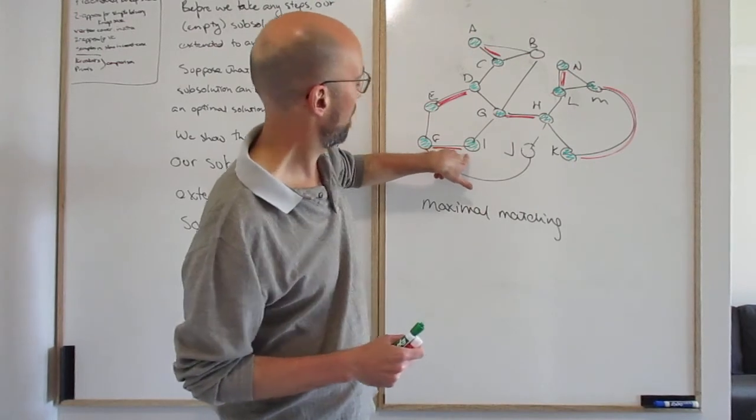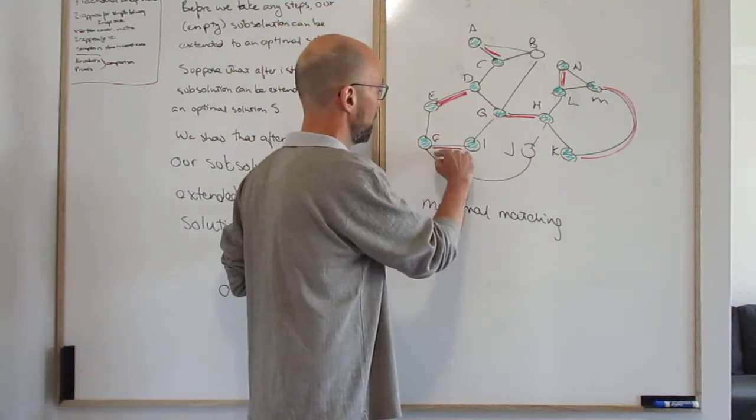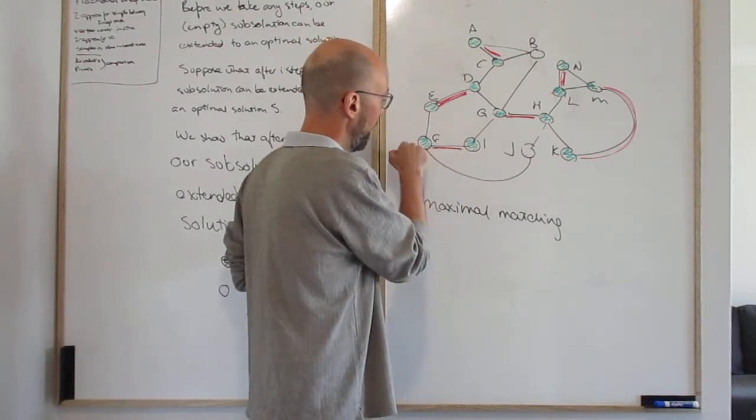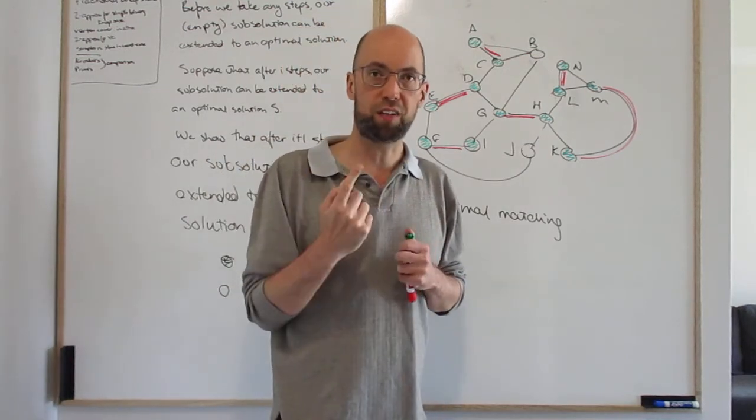Our vertex cover has to cover each of these edges. So for each of these, we have to have at least one of the endpoints in the vertex cover.